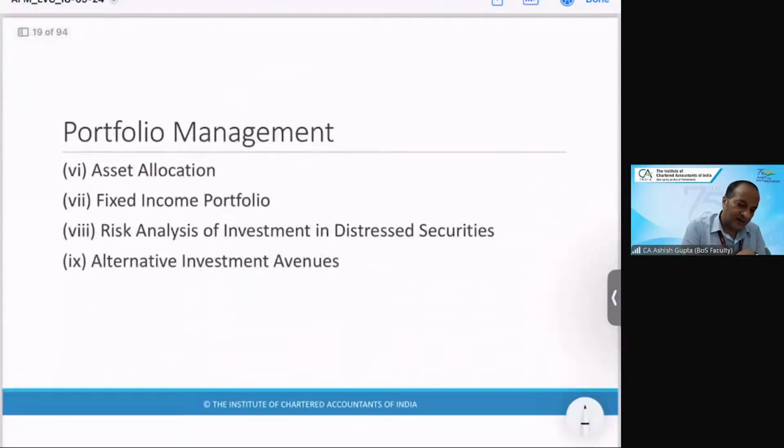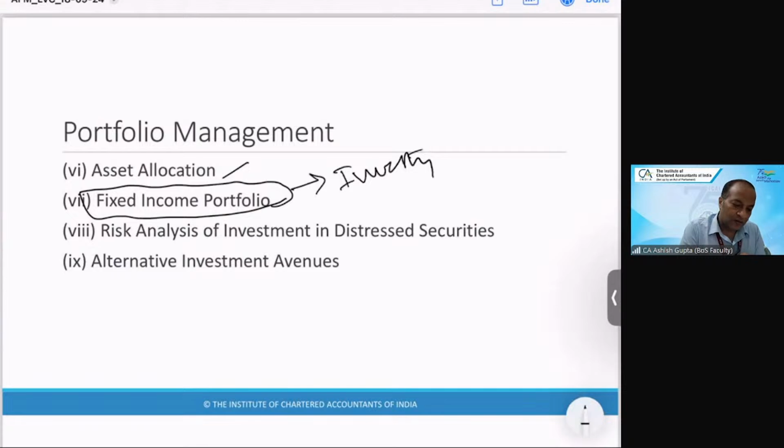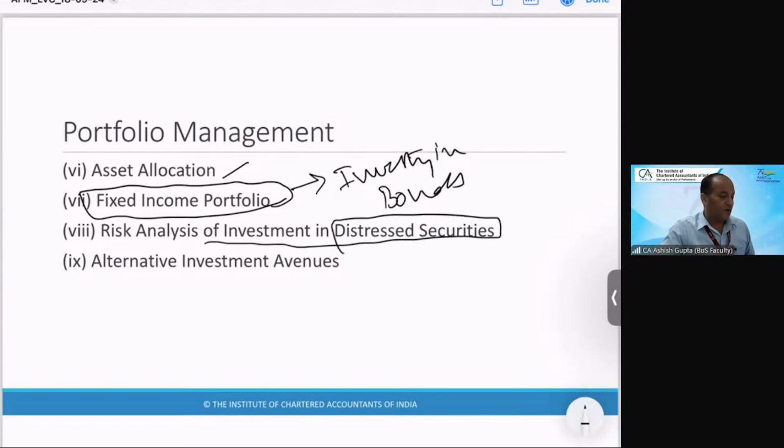We shall also cover asset allocation. Fixed income portfolio means this analysis is concerned with investing in bonds. Then, risk analysis for investment in distressed securities. What are distressed securities? A very important concept. Sometimes a company may be bankrupt, and even so, another company may buy it.